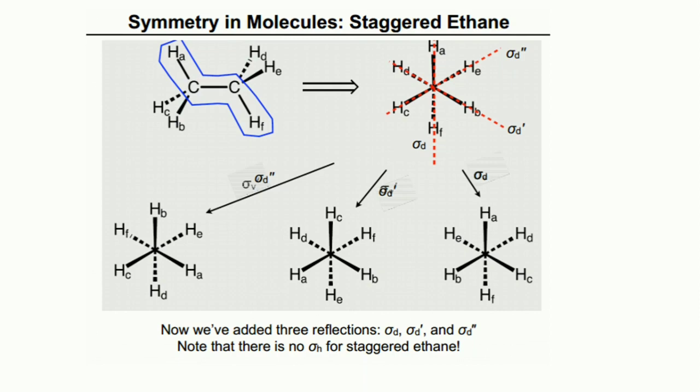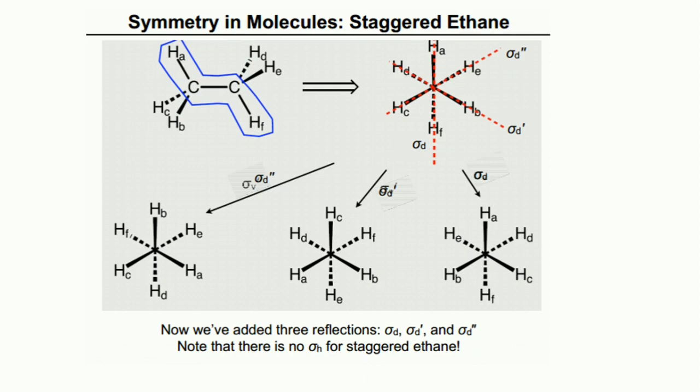And this is actually the exploration of the 3 sigma d in staggered ethane. So far we have studied 9 symmetry operations in staggered ethane. One was the identity, the second one was the C3, the third one was the C3 twice, fourth one was the C2, fifth one was the C2 dash, sixth one was the C2 double dash, while the seventh one was the sigma d, the eighth one was sigma d dash, and the last one sigma d double dash.